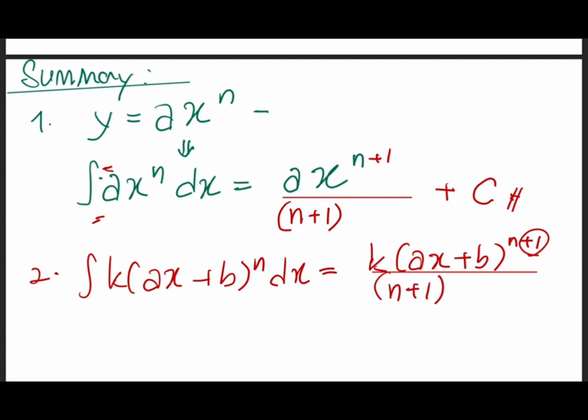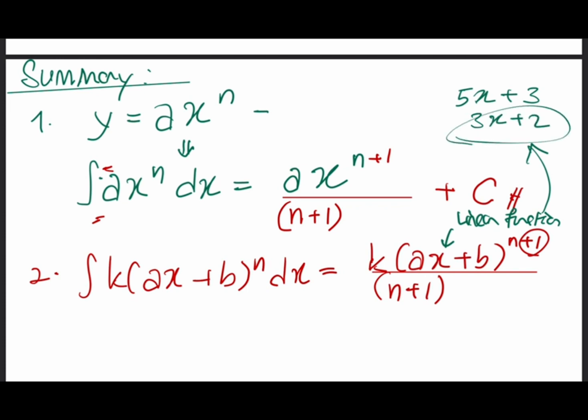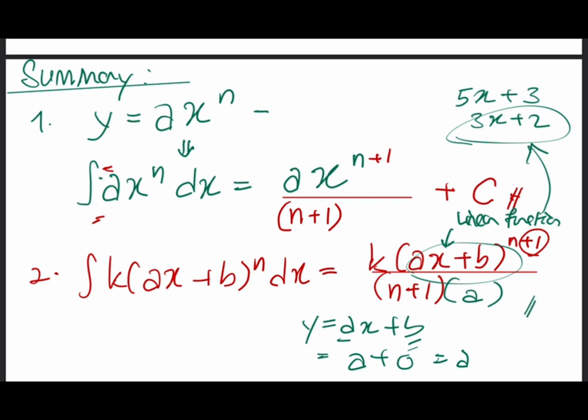But the only difference is, since it is a linear function, as I said, that means it's something like 5x plus 3, 3x plus 2, anything. Now, we just need to differentiate the whole term and divide by it. So, in this case, we will divide by a. Because if y equals ax plus b, where a and b are constants, we will get a, right? A plus 0 is actually a. So, here is how we do the integration.